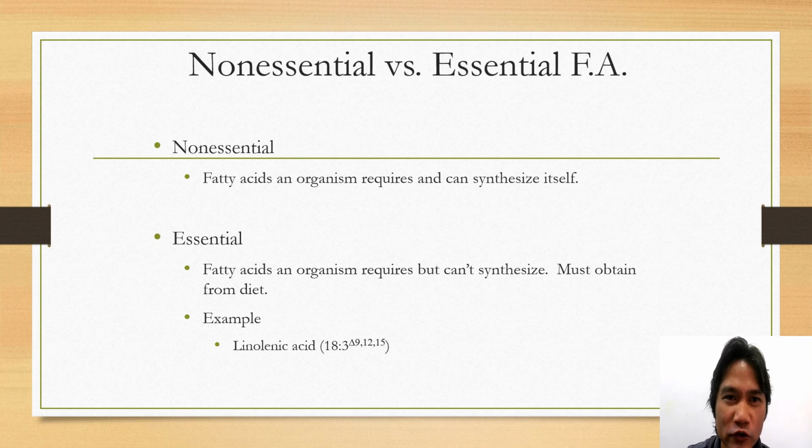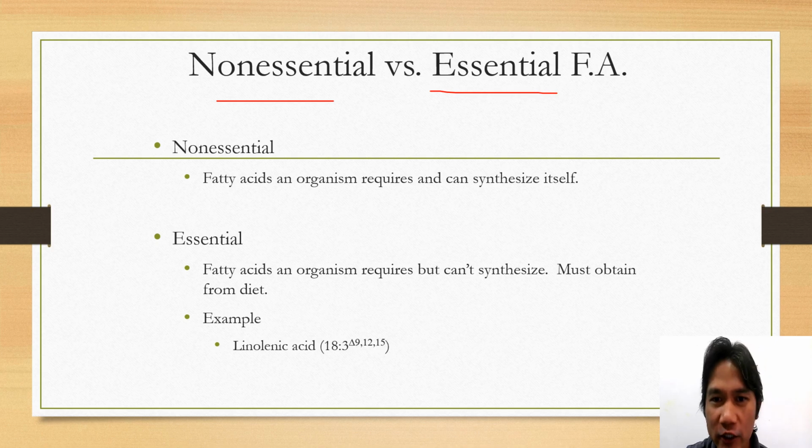Fatty acids can also be essential or non-essential. I told you earlier that non-essential fatty acids are required by an organism but can be synthesized. Meaning, if we humans require this fatty acid, we can also synthesize it.